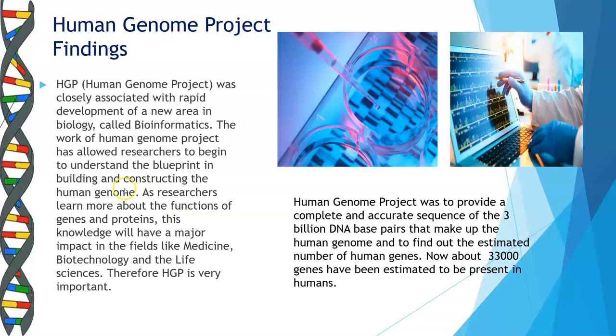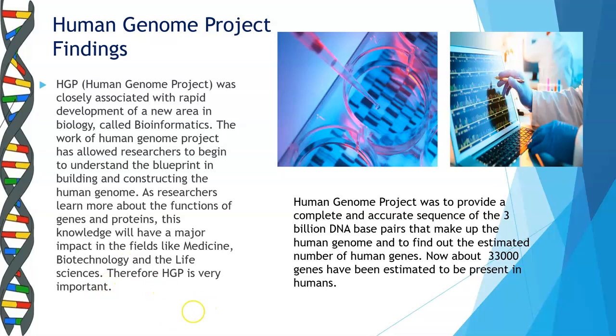Now, why is this blueprint required? When a particular building or site is constructed, first a map or a picture is drawn to give you an idea about precisely where what will be located, which we normally call the architect plan. That architect plan will decide where what has to be constructed.